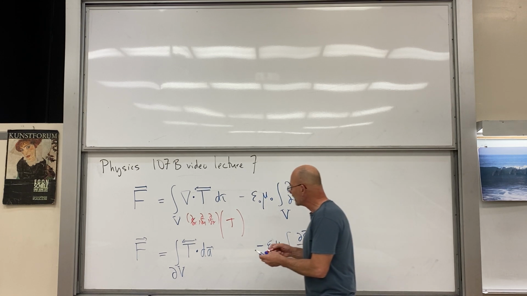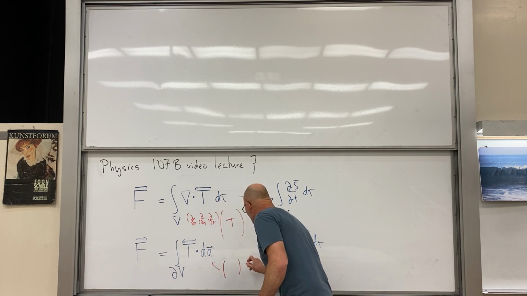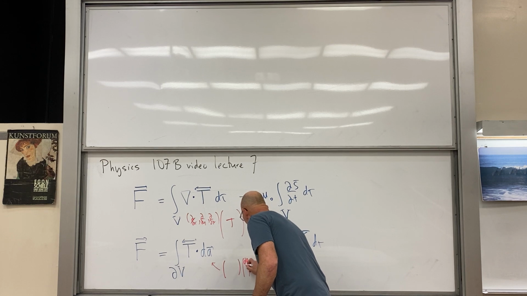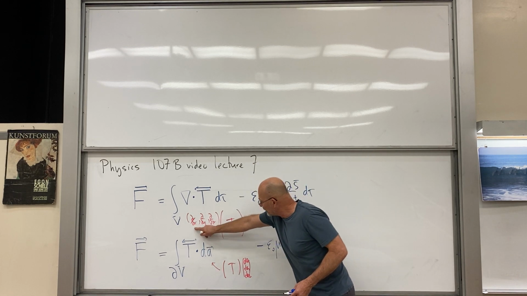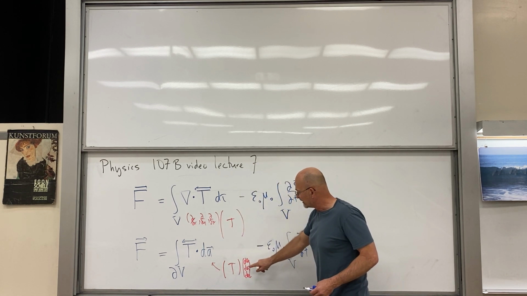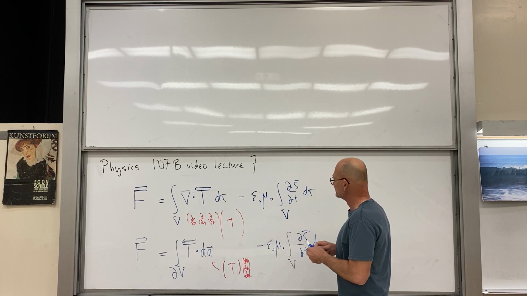Yeah, so over here, it would be matrix multiplication, d/dx, d/dy, d/dz, and this is row times column, and this here is row of your matrix times column for all three of those.